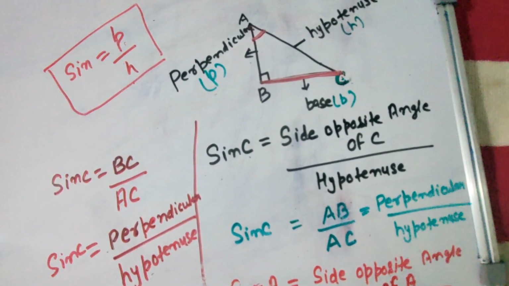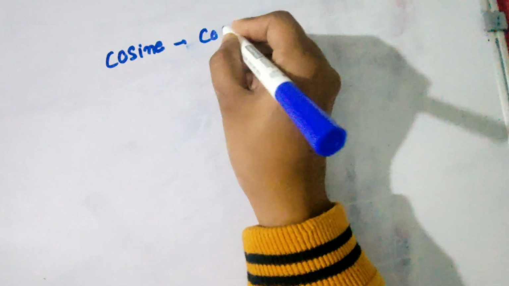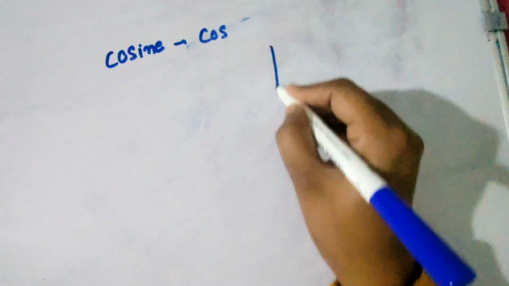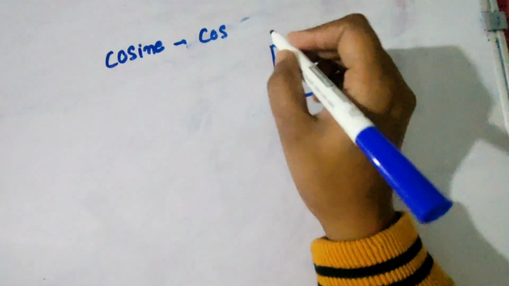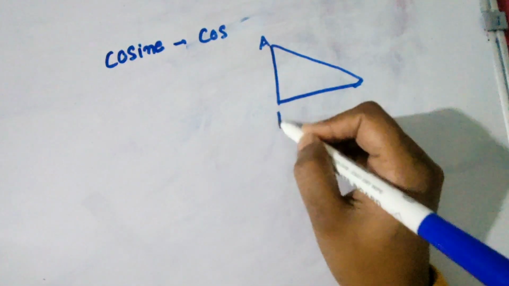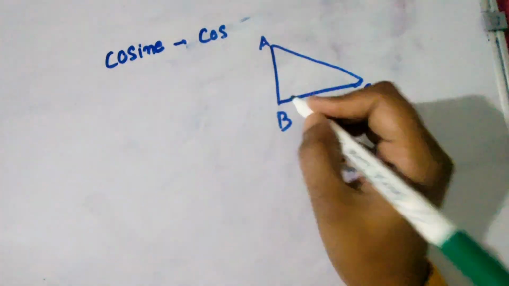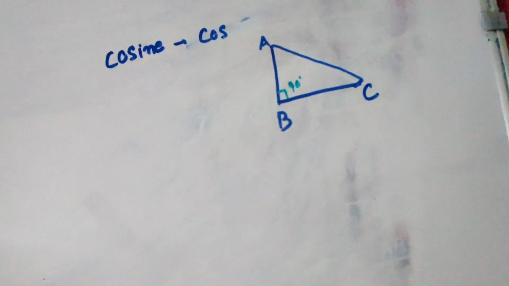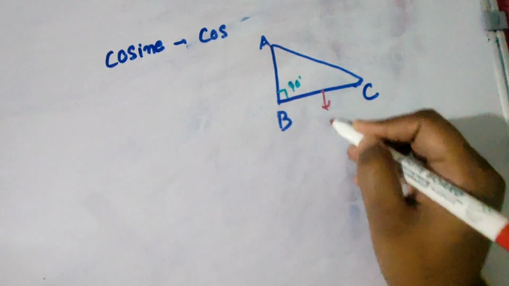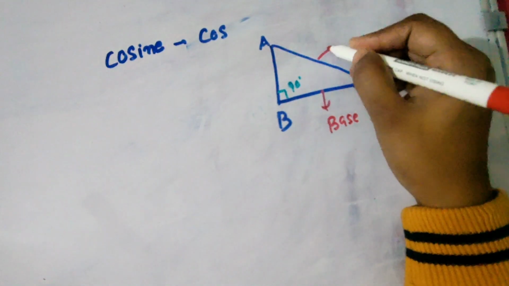Then next I go for cos. Okay, cosine. This is a short form for cos. Same one triangle you draw, a right angle triangle. You find A. This is B and this is C. According to the question, this is 90 degrees and this BC is the base.